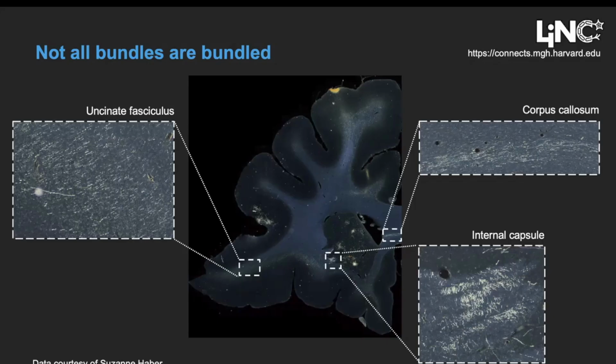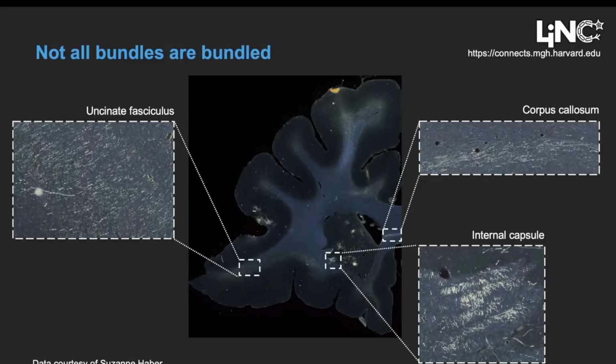But this assumes that fibers that are close to each other have similar microstructure because they all belong to the same bundle. In some cases, what we see under the microscope actually disagrees with that and shows us that there are fibers that are close to each other but are probably going to come from different cortical areas, because in all these gaps that you see here between the fibers that came from that one injection site, there are fibers coming from different injection sites.